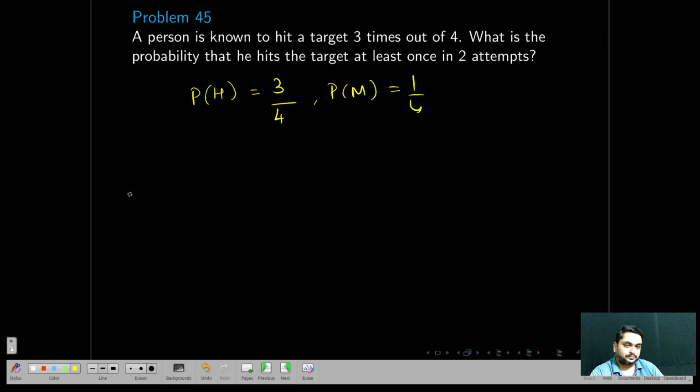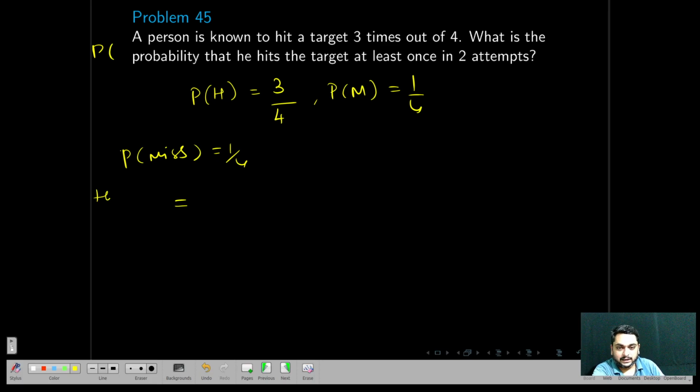If I say he misses all the attempts, what is the case there? Probability of miss is equal to 1 by 4, we already know it. Now, he must miss both.